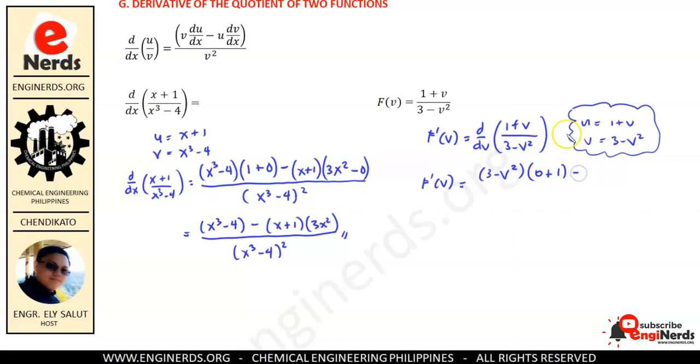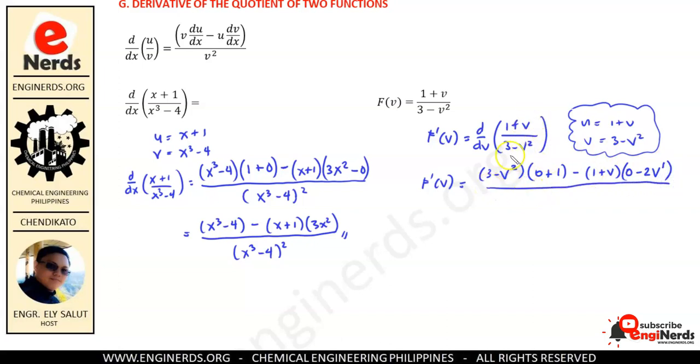Then, minus, kopyahin natin itong ating numerator. We have 1 plus v. Then, take the derivative of our denominator. So, the derivative of 3, which is a constant, is equal to 0, minus the derivative of v squared. So, we'll take down our exponent 2. Then, v, 2 minus 1 is 1.